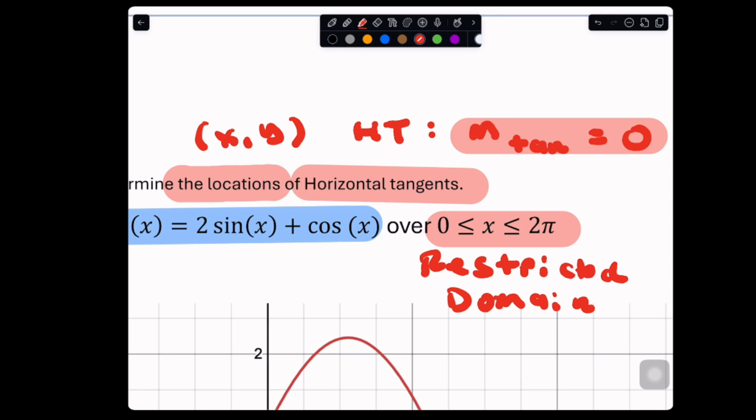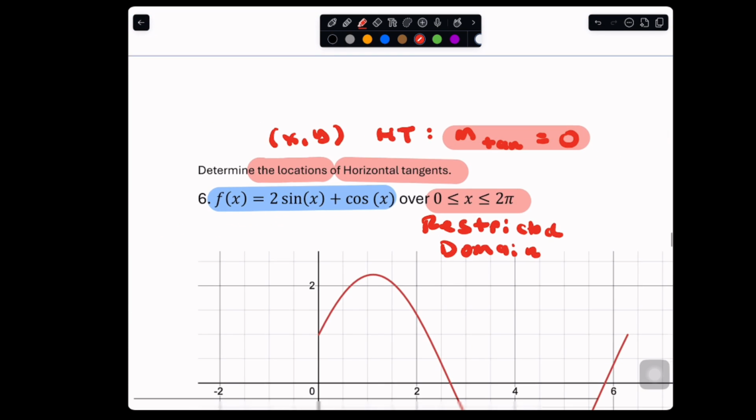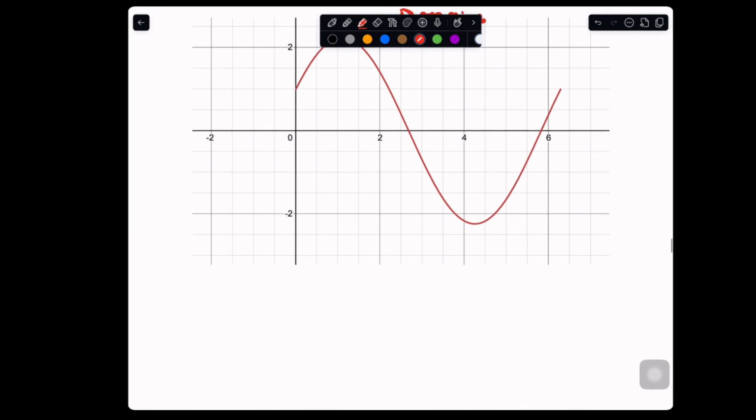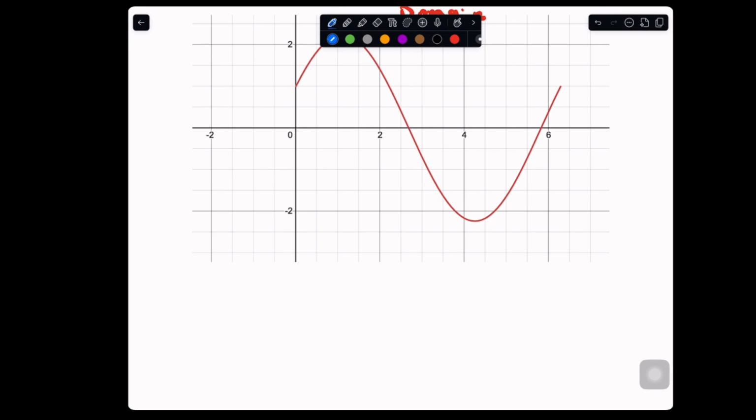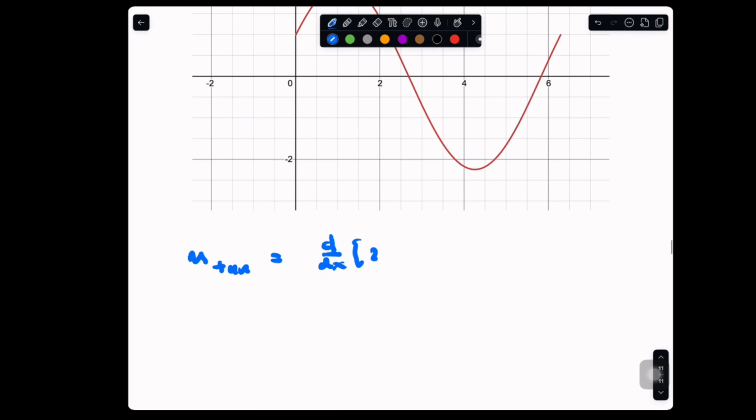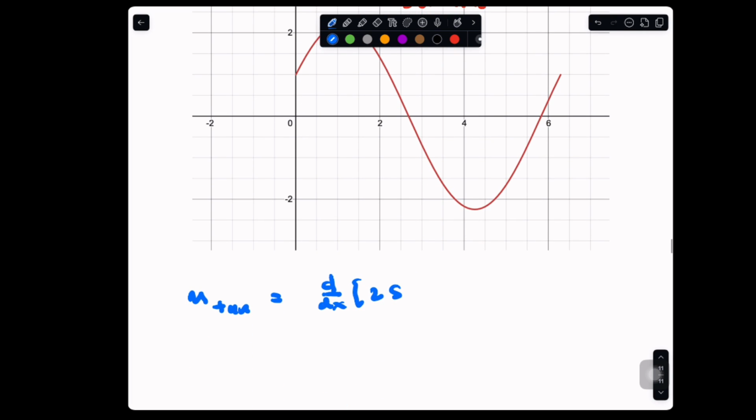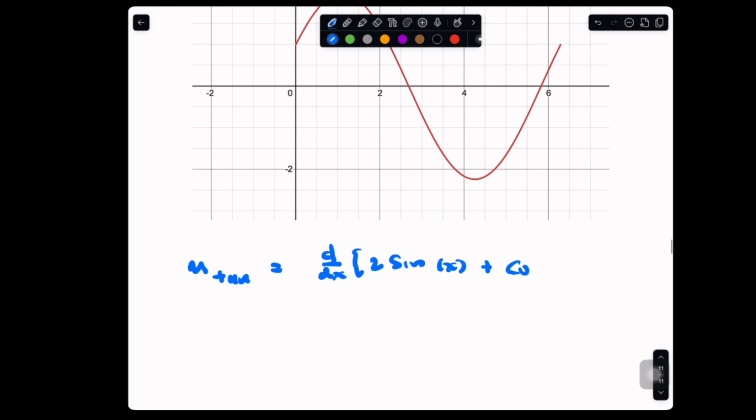The slope of the tangent line to the curve at any point, you don't know what they are, needs to be 0. So you go to the function and you use the definition. You say, okay, m tangent is what? The derivative of the function 2 sine x plus cosine x.